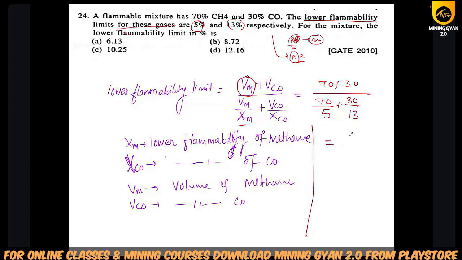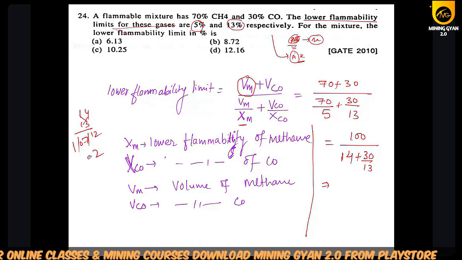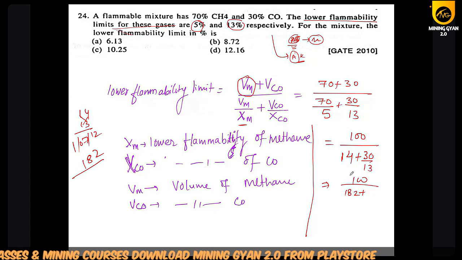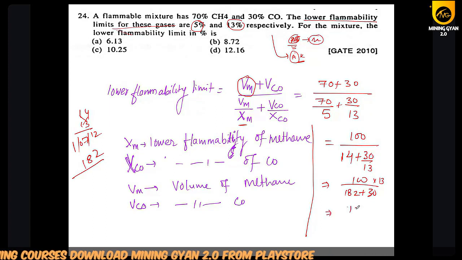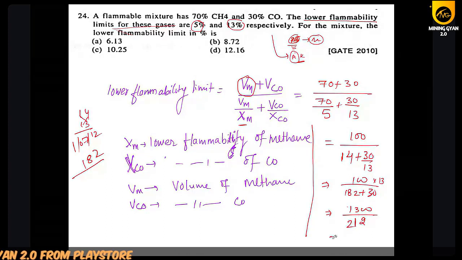So now it will become 100 divided by 5 times 5, 5 fours are 20, 30 by 13, 14 into 13, 281 plus 30, 1300 to. When you divide, you will get 6.132%. It is the lower flammability limit.